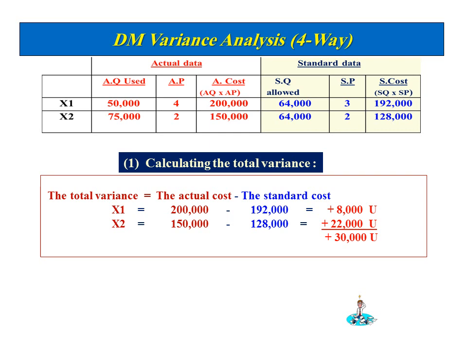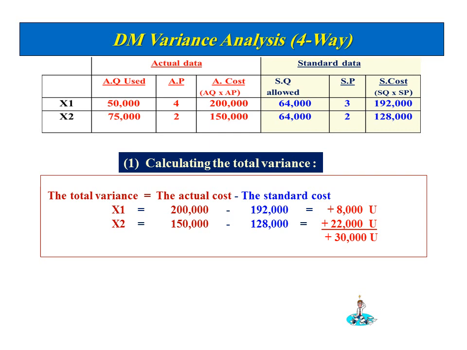Here I have two kinds of material, no problem. How to calculate the total variance? The total variance is the difference between actual cost minus standard cost. From the table I have actual cost for X1 200,000 and for X2 150. And the standard cost, the last column of the table: for X1 192, for X2 128.